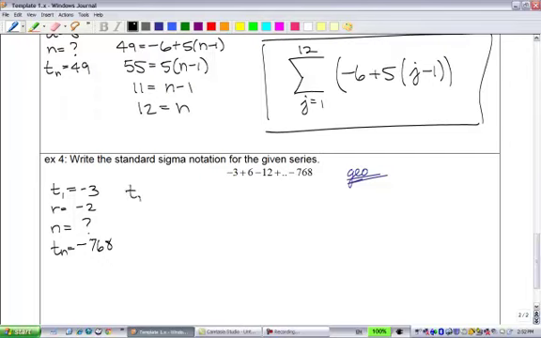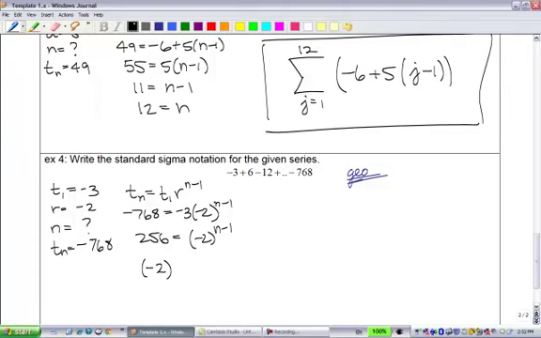So let's go to the formula for a geometric term. T1 times r to the n minus 1. Negative 768 is negative 3 times negative 2 to the n minus 1. Dividing by negative 3, we get 256 equals negative 2 to the n minus 1. So we're looking for 256 as a power of, in this case, negative 2.